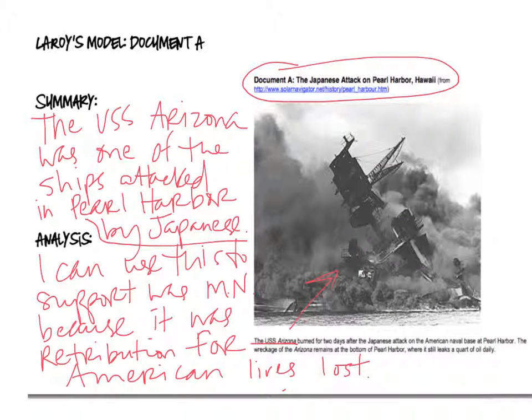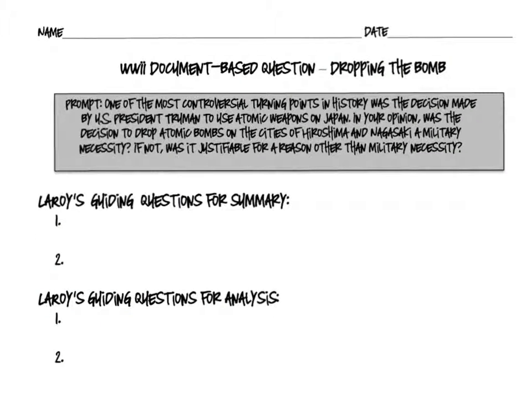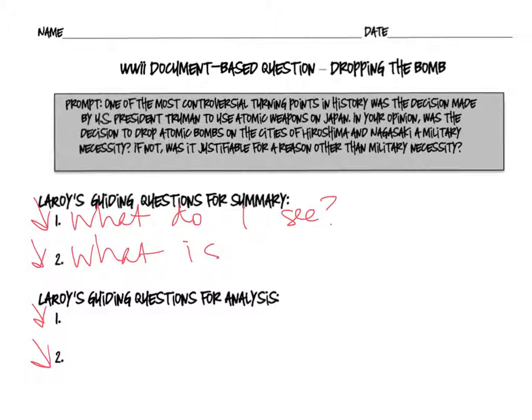All right. Last. So we're going to go back to what you should have up here. So right now you should already have things written here. But because I'm nice, we're going to go through and look at them again. So the first thing that I ask myself is, what do I see? And the second thing is, what is a summary or bare basics?